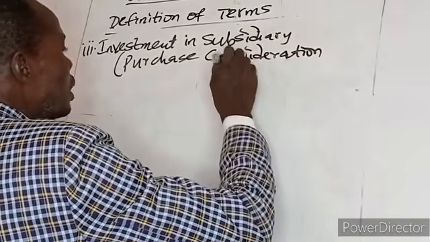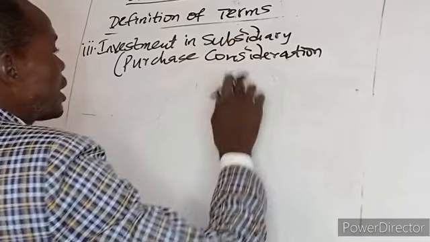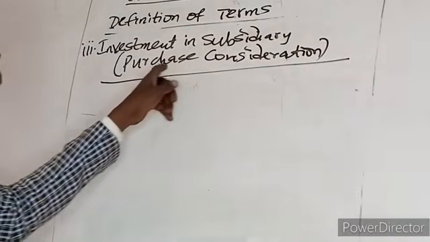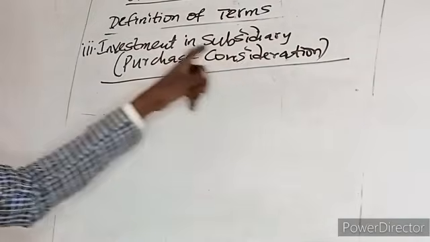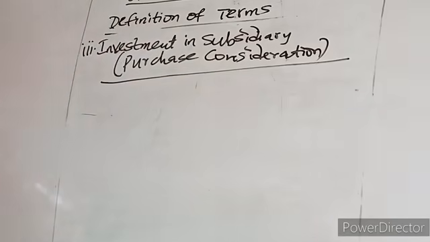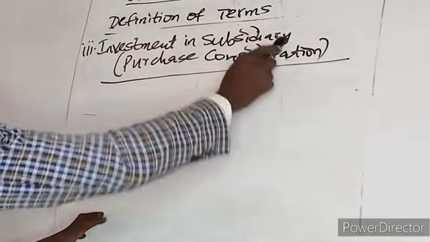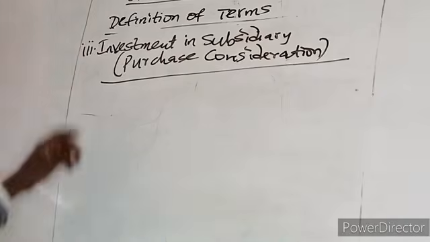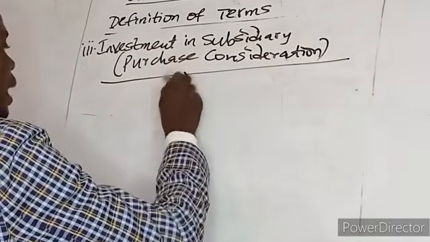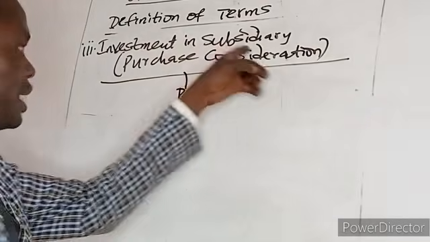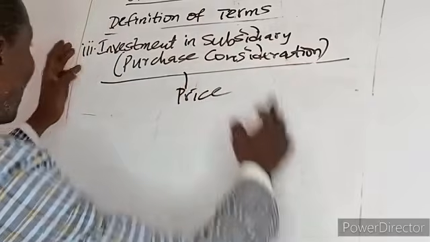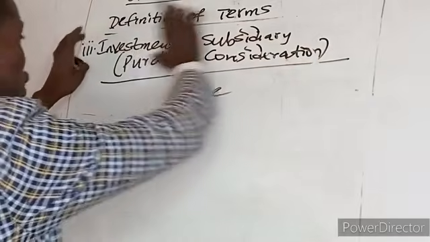What do we mean by purchase consideration or consideration transferred? This is the price paid by the parent company to acquire the shares of the subsidiary company.